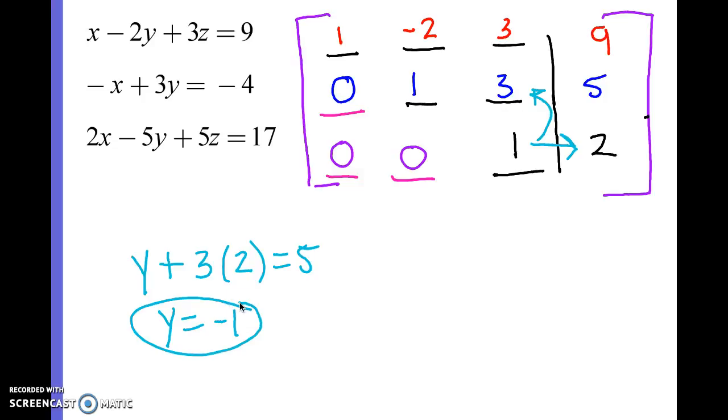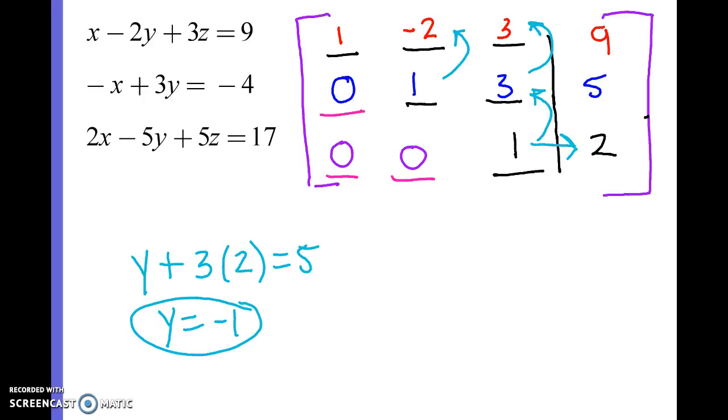Now that I know the value of z and the value of y, I can plug both of those values into my third and final equation, the one with 3 variables, and figure out the value for x.